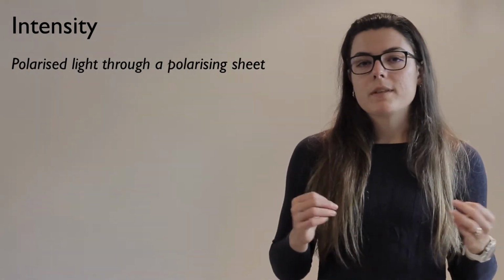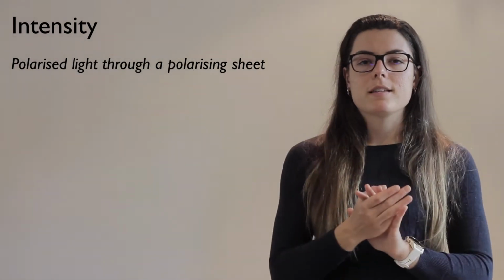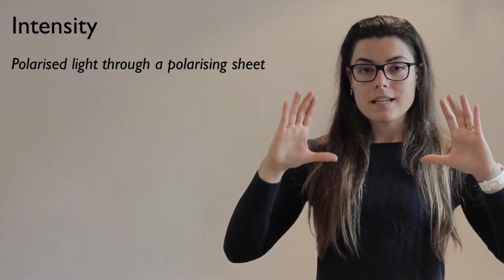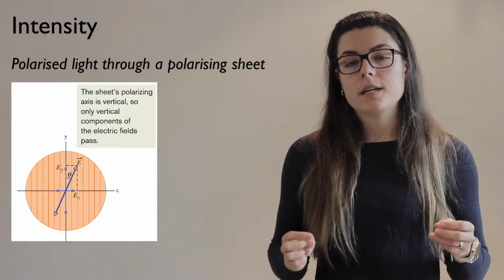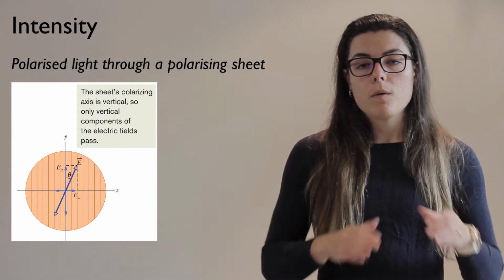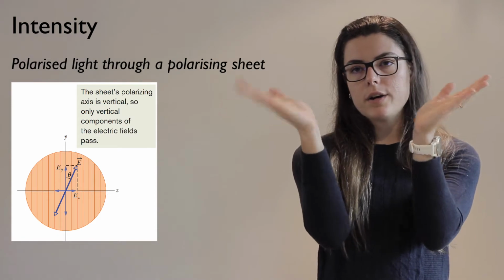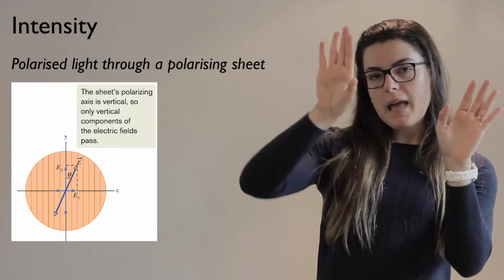But what happens then if we were to send that polarized light through another polarizing filter? What we need to do is, remember how we said before that we have light rays that are orientated at an angle.